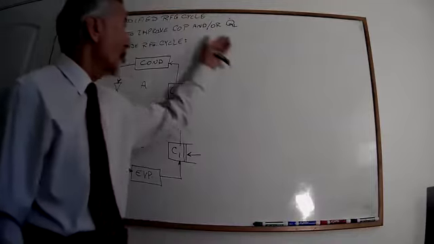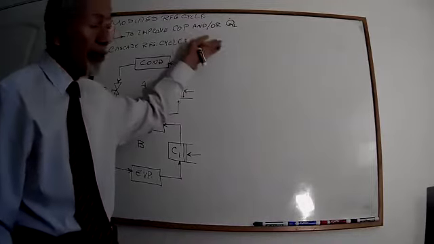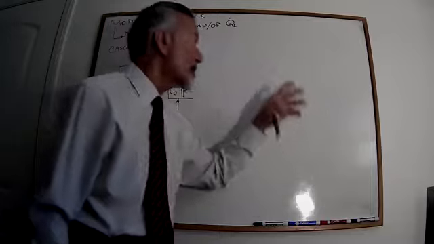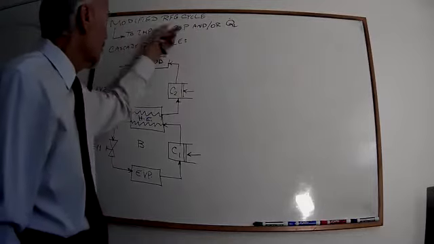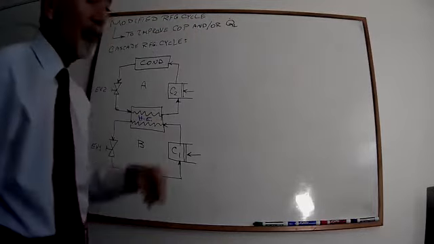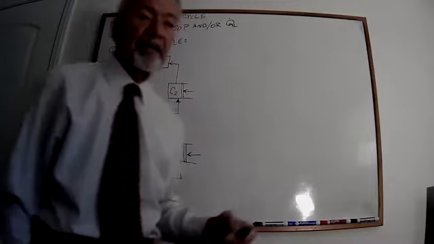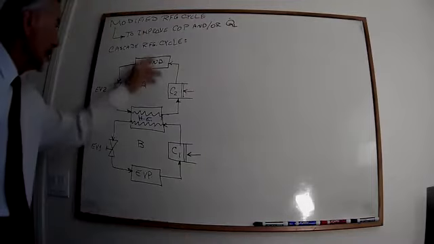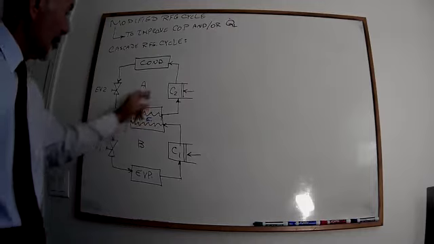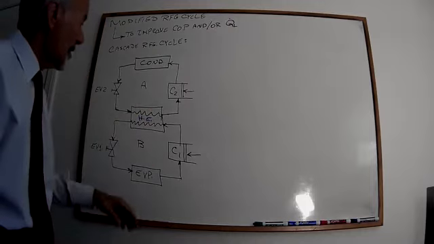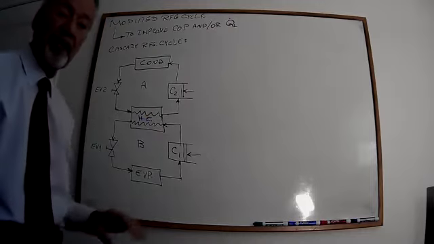So for those two reasons, either or, we modify the cycle. One way to modify the cycle is called cascade cycle. Cascade refrigeration cycle is two cycles that we combine together.